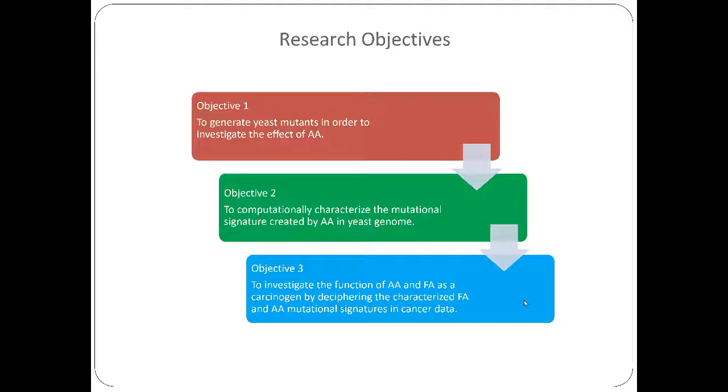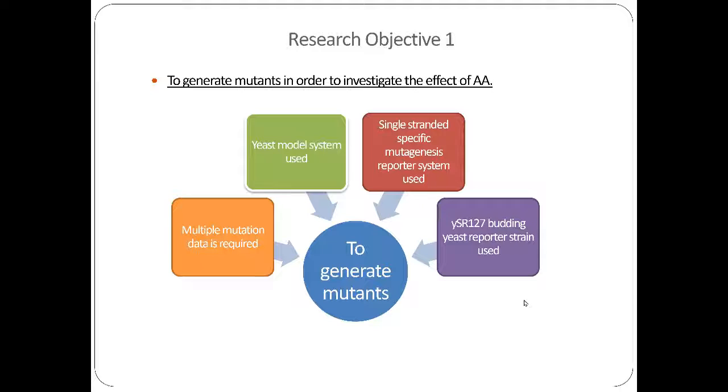The second is to computationally characterize the mutational signature created by acetaldehyde in the yeast genome. And finally, to investigate the function of acetaldehyde and formaldehyde as carcinogens by deciphering those characterized formaldehyde and acetaldehyde signatures in cancer data.